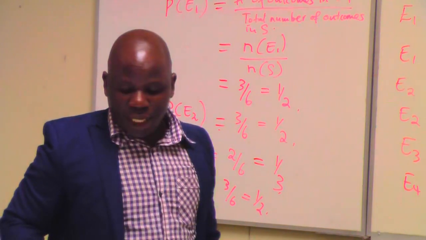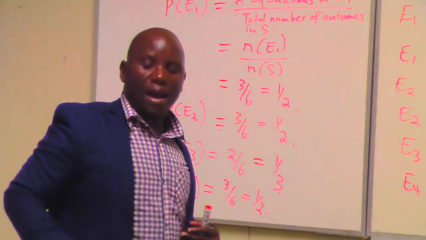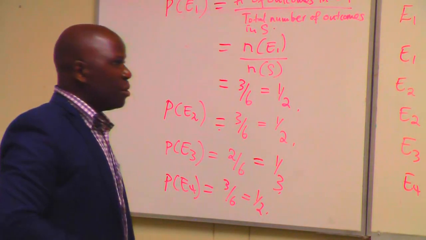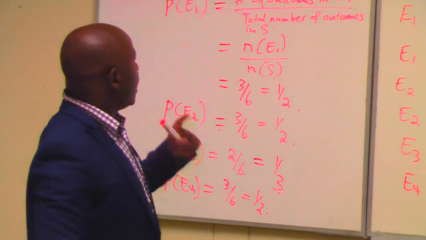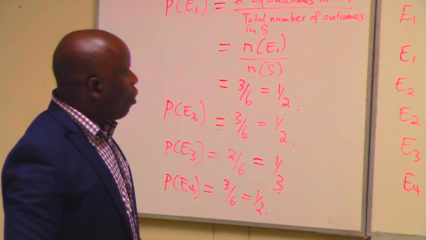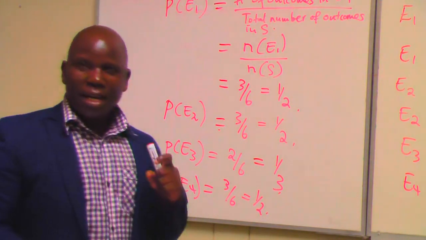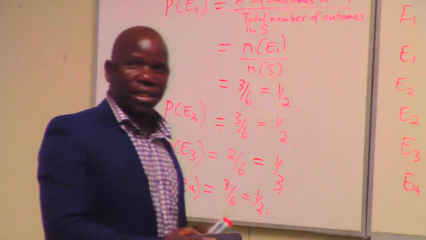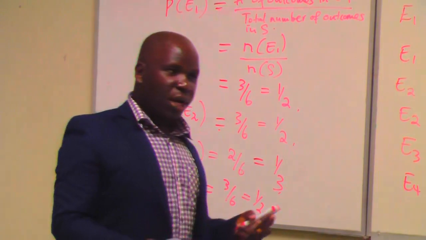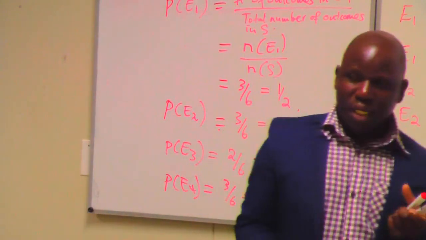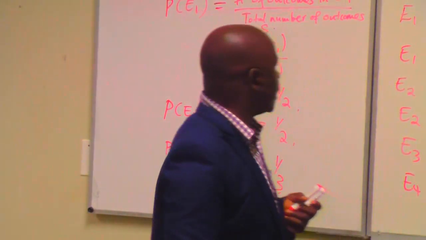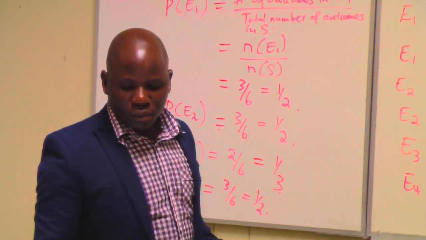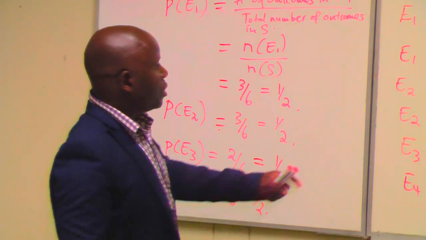Now, what is the probability of getting an even number or a number less than 4? You see, the idea of operations on sets is coming on. When we talk of or, it simply means the union of 2 events. Even number or a number less than 4.